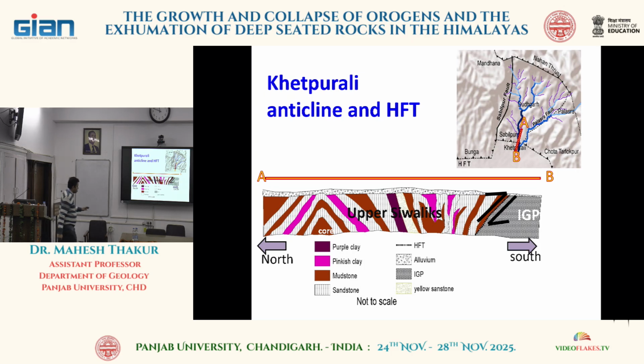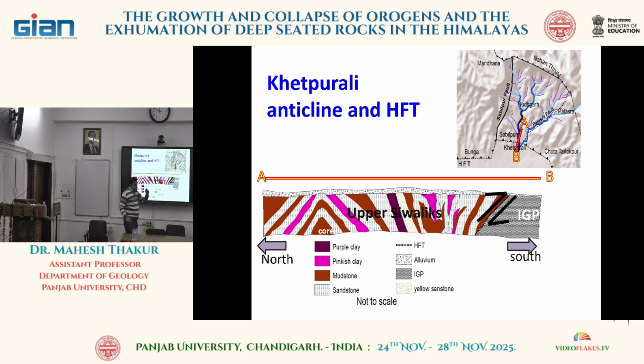So right here what you see is that the fault is somewhere here, right? And the rocks behind that are making an anticline. I just showed you that we can have a fault, and on top of that we can have a fold or an anticline structure.